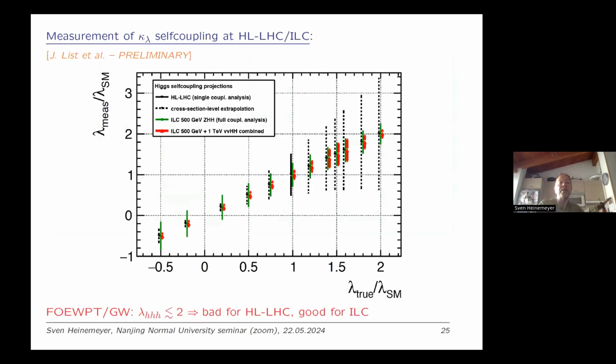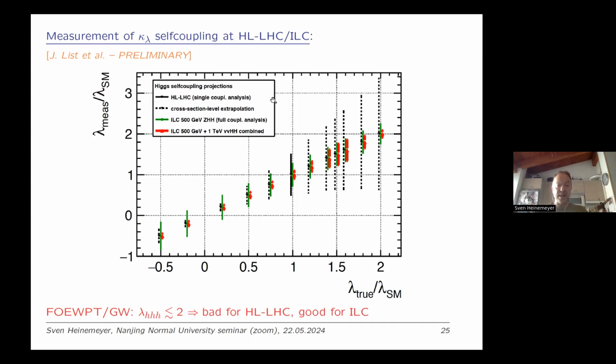Now, what about the determination of the triple Higgs coupling at high luminosity LHC versus ILC in the cases where kappa lambda is not equal to 1, so going beyond the original plot that I've shown to you where all these colliders have been compared. This is shown on this slide, where now kappa lambda ranges from -0.5 to 2, where we are interested in this zone mainly.